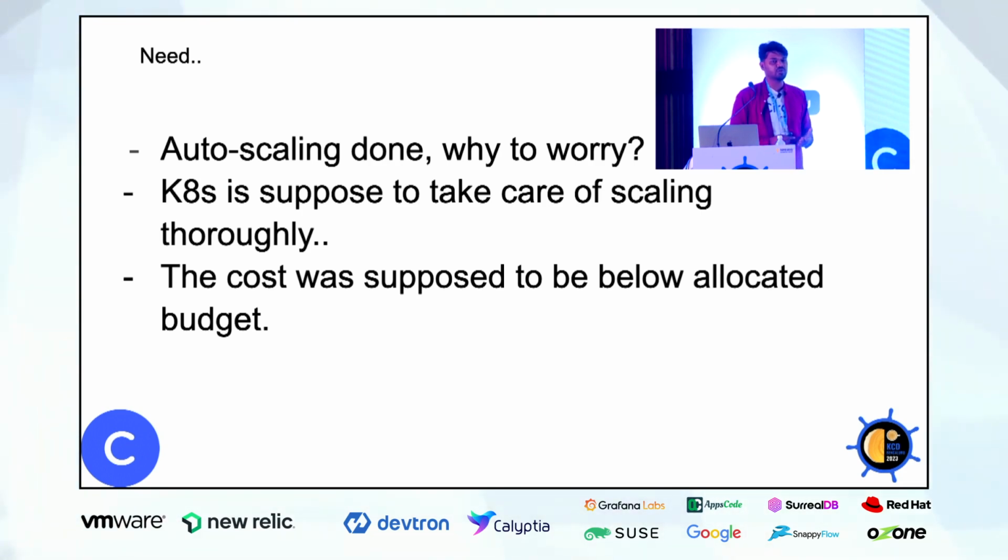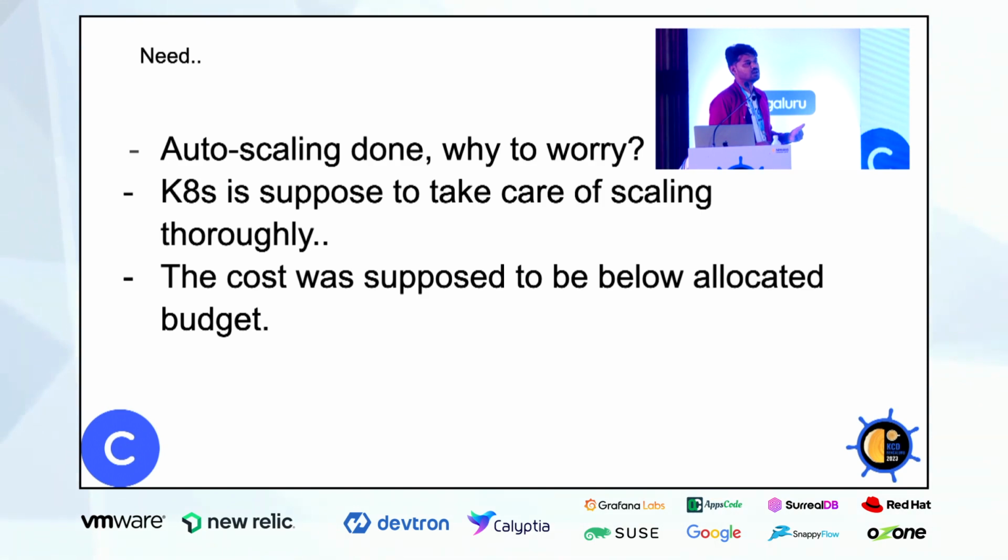But after a few quarters or a few billing cycles, you expect that your cost was supposed to be within the allocated budget or below it, because when we are convincing our leads that moving to Kubernetes or containerized strategies, you expect the cost to be on the lower side. But in very rare cases that happens, and in the vice versa situation, the cost actually increases.